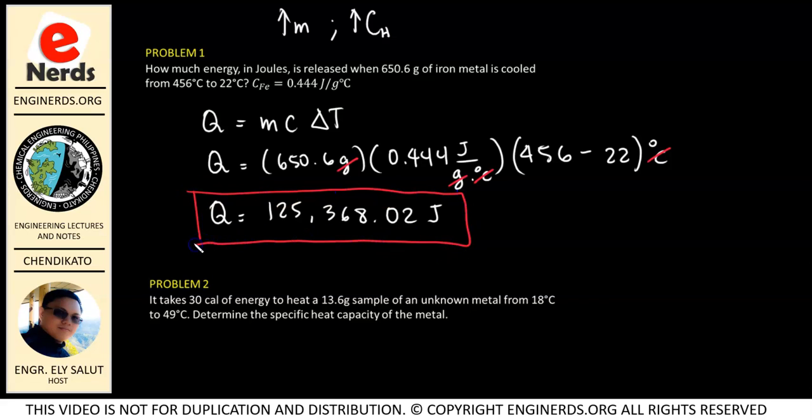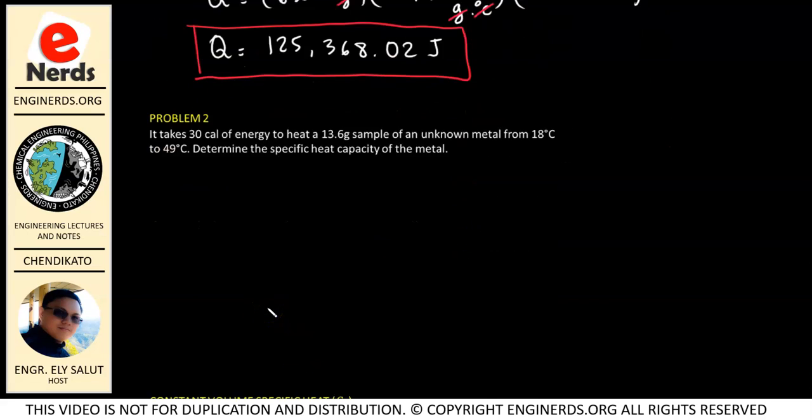Okay, so now let's go to problem number 2. And we have here this question. It takes 30 calories of energy to heat 13.6 gram sample of an unknown metal from 18 degrees Celsius to 49 degrees Celsius. Determine the specific heat capacity of the metal.